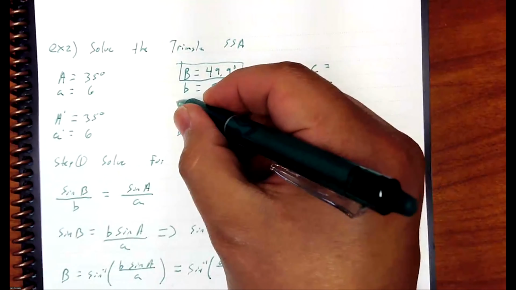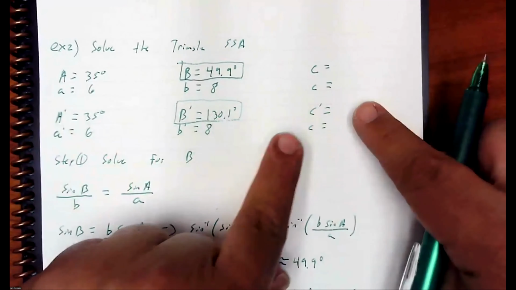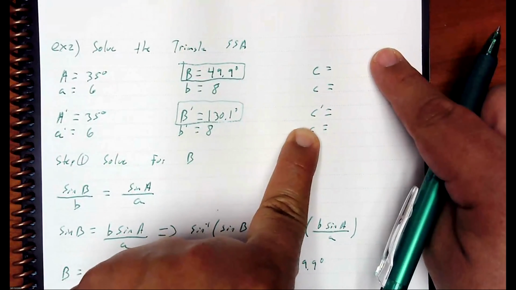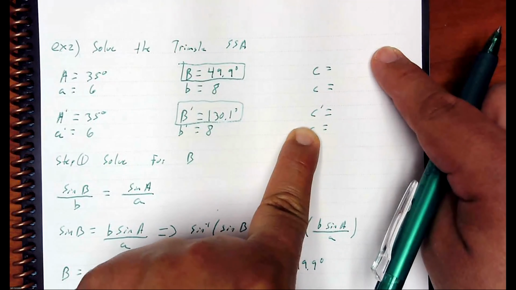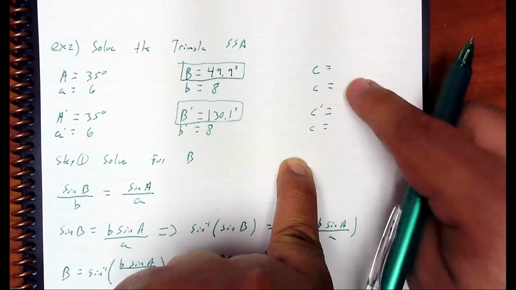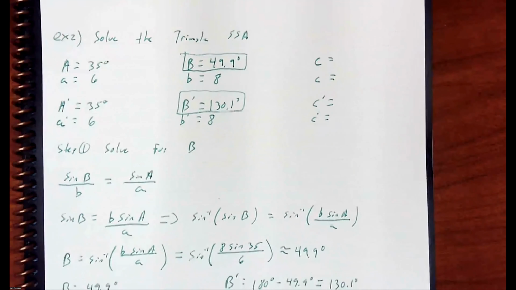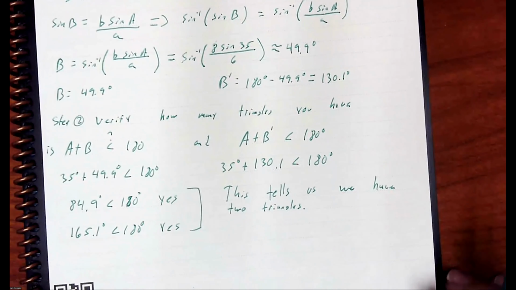So go ahead and write it in here. So solve for C and C prime, just by subtracting from 180, and you'll have those parts. So the only thing actually you have to do is find C and little c prime. Okay. Do that on the next page in a second.